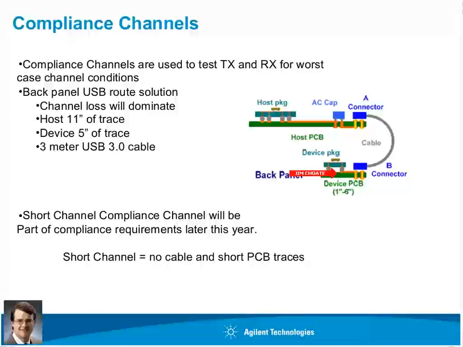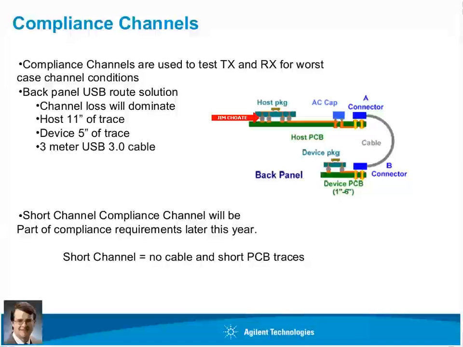One thing that's in progress right now is definition of a short compliance channel. That's to emulate the connection topology where you would plug a flash drive into the host port here and only run through a short USB 3 trace to the host package, as if the chip was implemented close to the connector, which is common in a lot of laptops today.